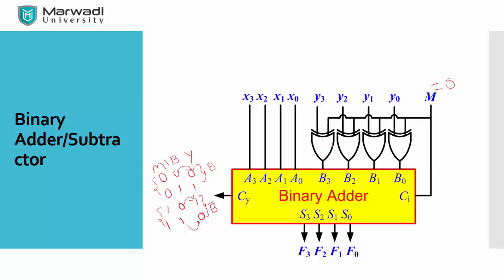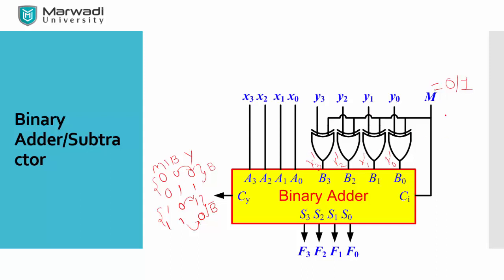So I will use XOR gates. If M is 0, that means it will be the same as Y, here I will get Y0, Y1, Y2 and Y3. It will do the addition of X and Y. It works as an adder. But if M is 1, I will get Y0 dash, Y1 dash, Y2 dash, Y3 dash, that is the complement of the Y number.